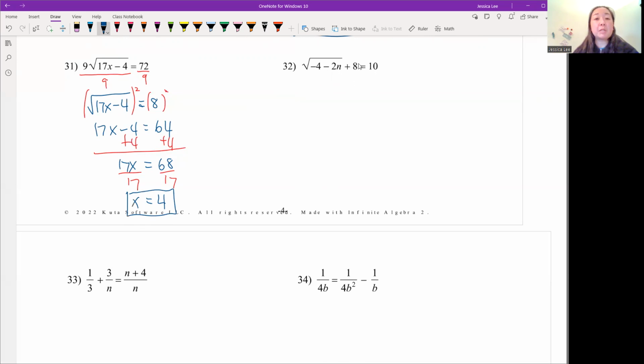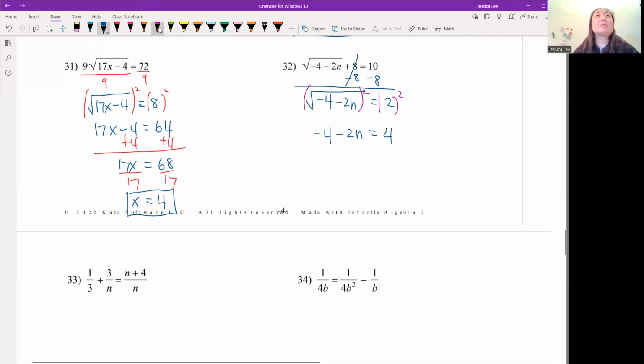Again, notice this plus 8 is not inside the radical. We've got to get rid of it first. Then we can start squaring. So negative 4 minus 2n is equal to 2. And again, we're going to square both sides. And we're going to get, let's keep it blue, negative 4 minus 2n is equal to 4.